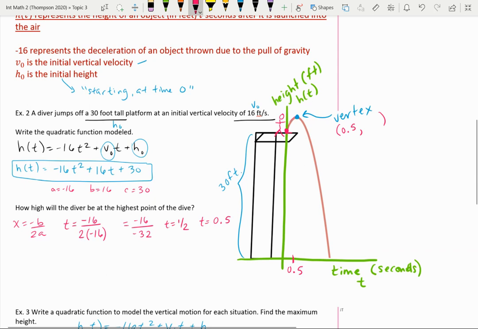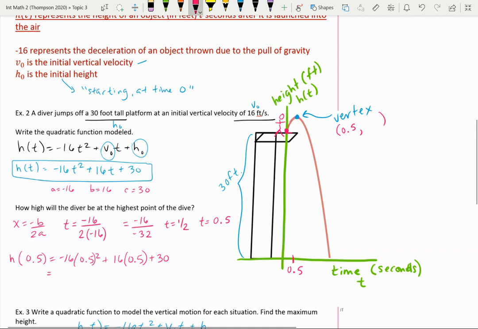Well, how can I find the y anytime I'm given an x? We're just going to plug it in. So my original equation is h of t, but I don't want to evaluate at t. I want to evaluate at 0.5. So everywhere there was a t, I'm going to replace it with 0.5. Negative 16 times 0.5 squared plus 16 times 0.5 plus 30.